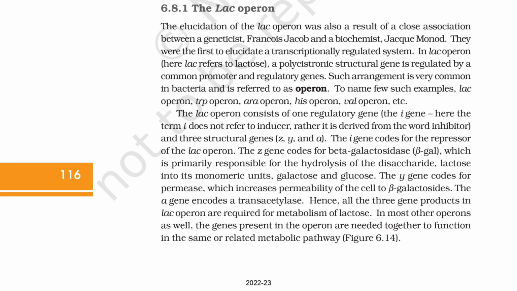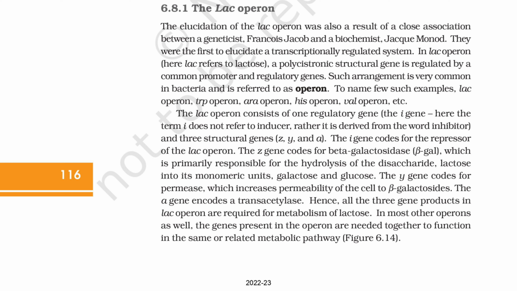Such arrangement is very common in bacteria and is referred to as operon. To name a few such examples: Lac operon, Trp operon, ara operon, His operon, Val operon, etc. The Lac operon consists of one regulatory gene, the I gene.